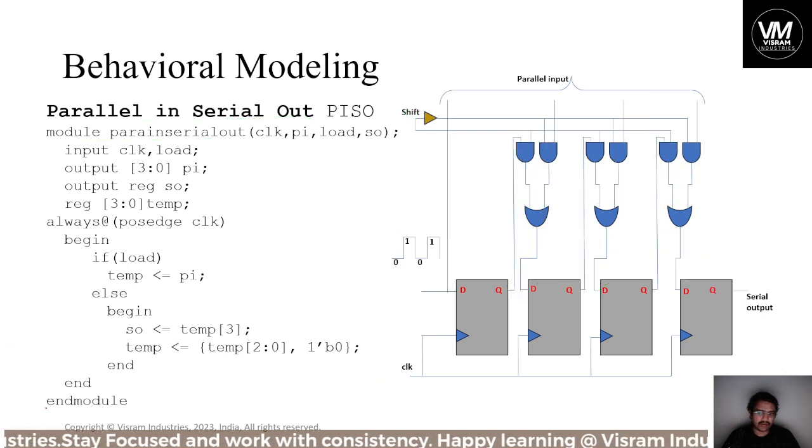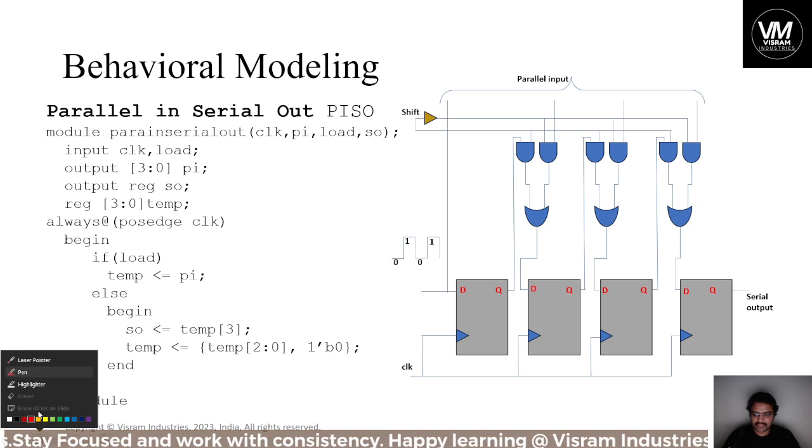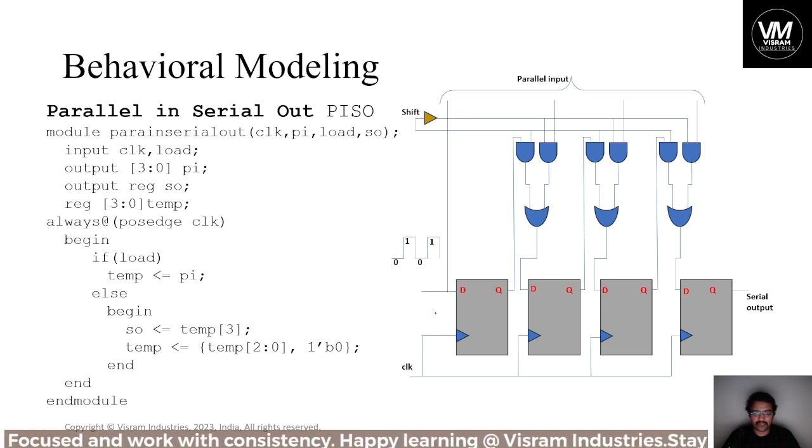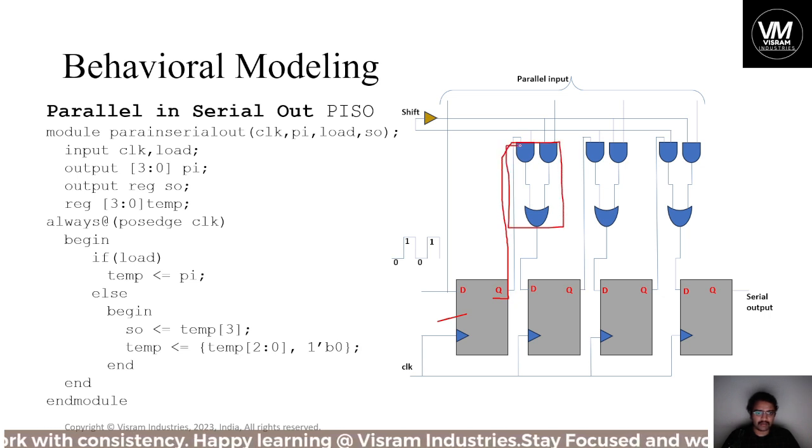Let me erase all the ink and see how one serial data output is going through. From this, the data is going through some combinational block. A combinational block is nothing but logic circuits, and from there the data is going, and here Q follows the input of D, and the data D will also be operated on by the parallel input.